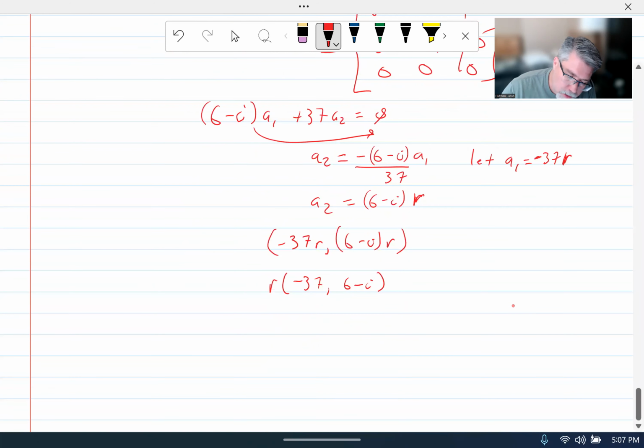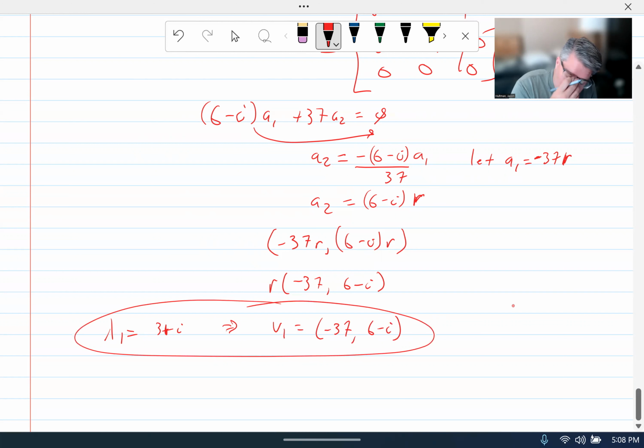And so my eigenvector that corresponds to lambda 1, remember lambda 1 was equal to 3 plus i, the corresponding eigenvector v1 is equal to negative 37 and 6 minus i. So that's lambda 1 and vector 1, eigenvalue 1 and eigenvector 1.